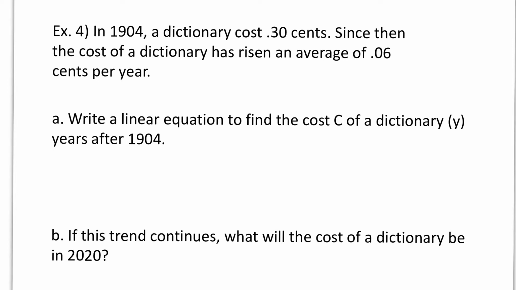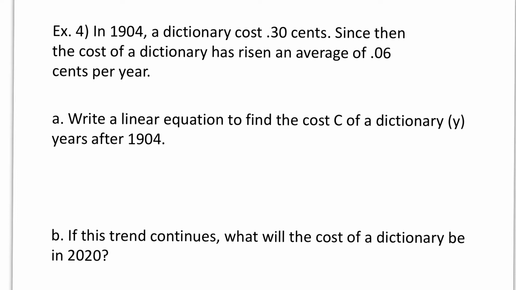Part A, we want to write a linear equation to find the cost C of a dictionary Y years after 1904. And part B, if this trend continues, what would the cost of the dictionary be in 2020? All right, guys. So that's almost like 100 years after, but almost.